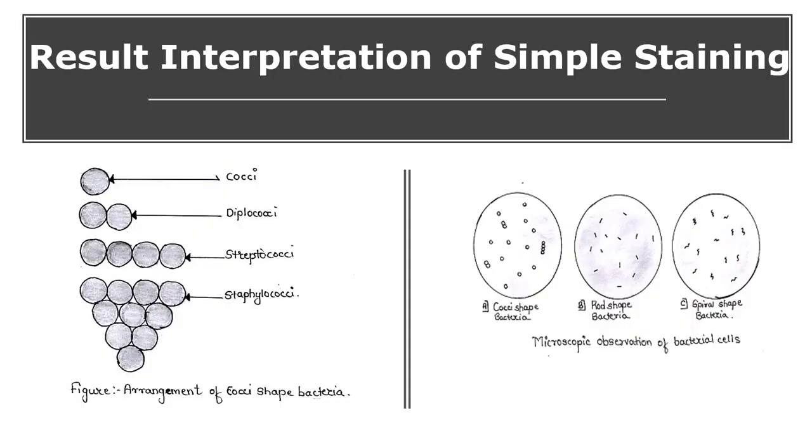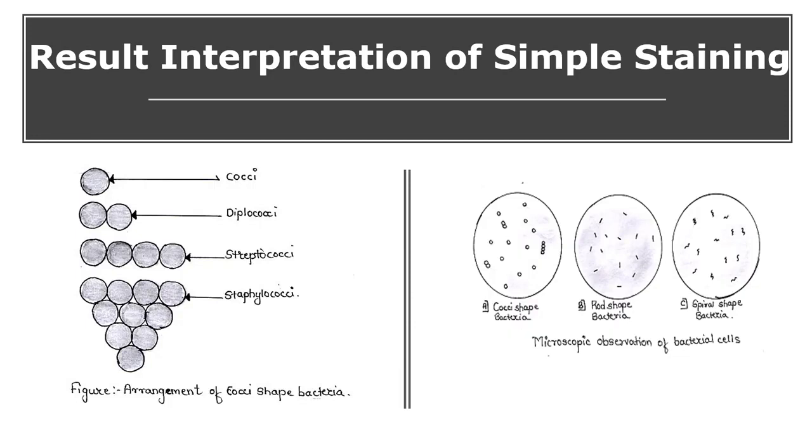Now here we can see how to interpret bacteria by using simple staining. We are able to see the bacterial shape, that is, whether it is cocci shape, rod shape or spiral shape. We are able to identify it.